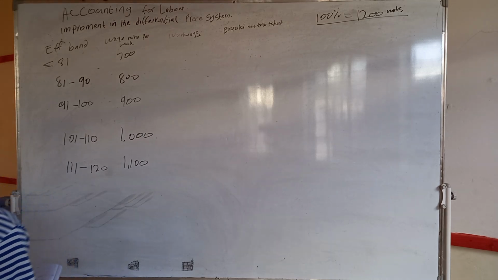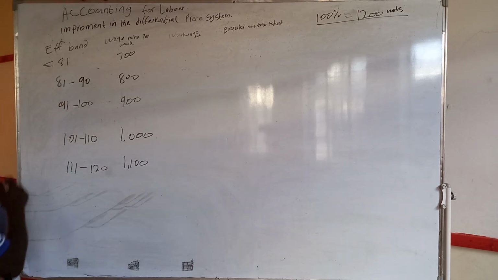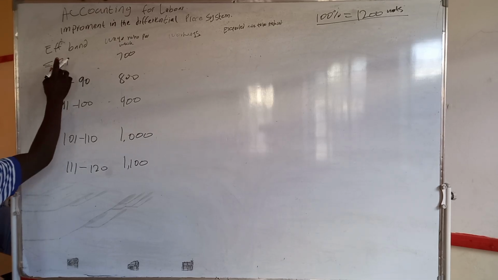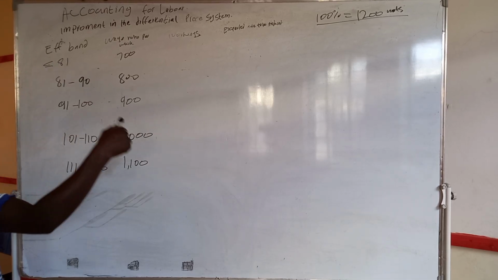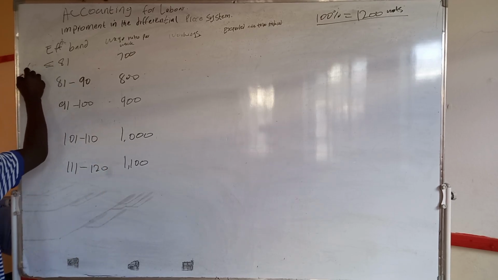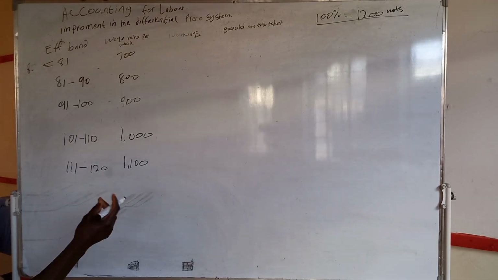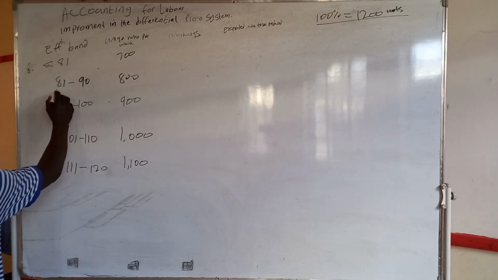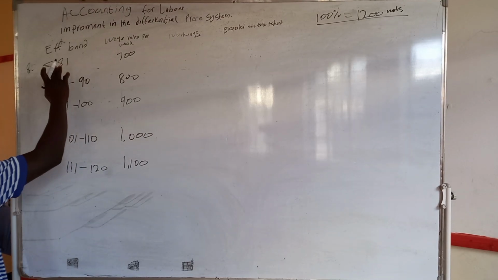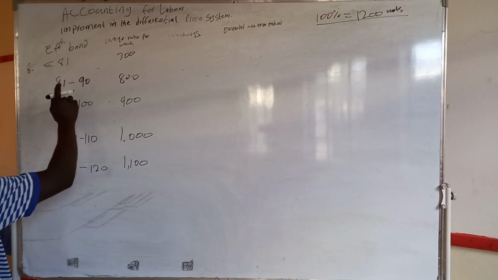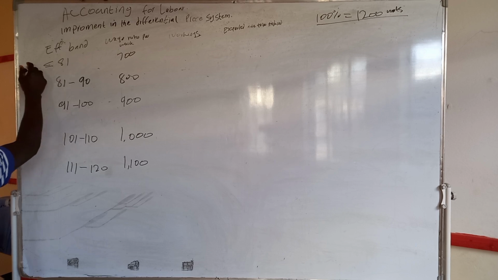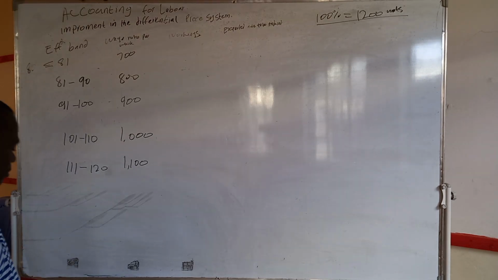Below 81%, remember the next percentage below 81% is always 80. We are not going to use 81 because it is under this band. Therefore, the next percentage which is below 81% is always 80%.